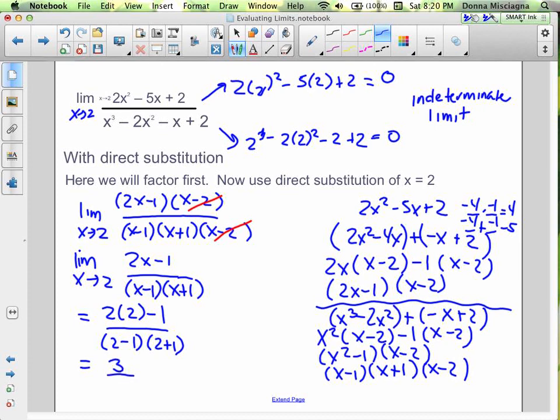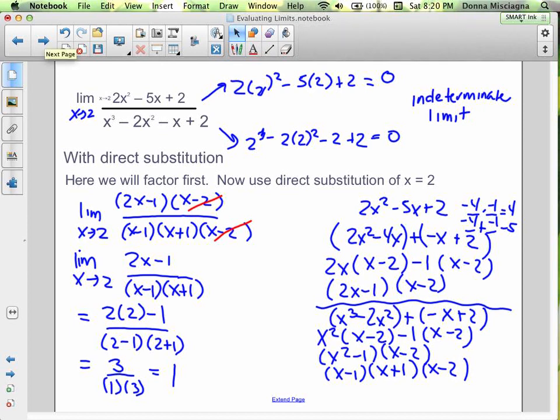In the denominator, I've got a 1 times a 3. So that's just going to be 1, right? Because the 3's would cancel. And so the limit as x approaches 2 is 1. f of 2 does not exist. However, the limit does.